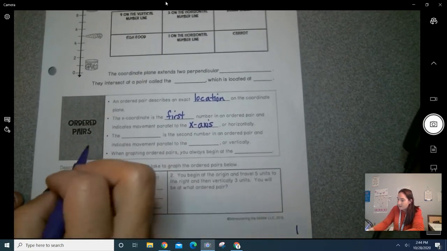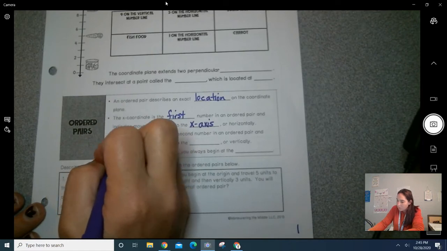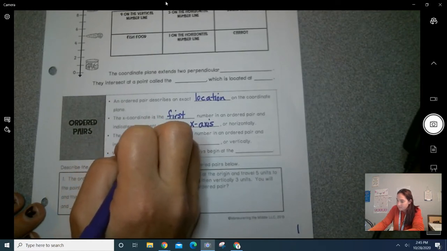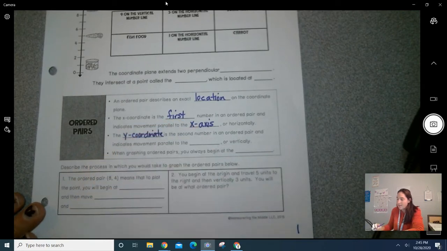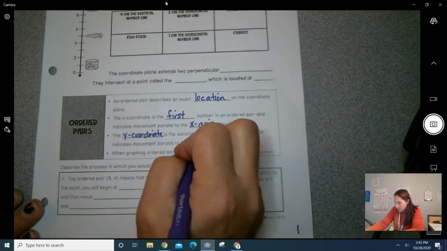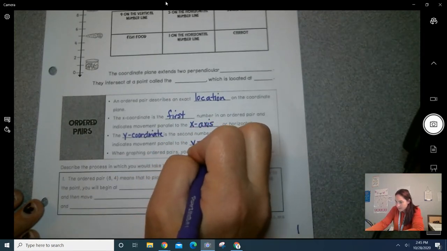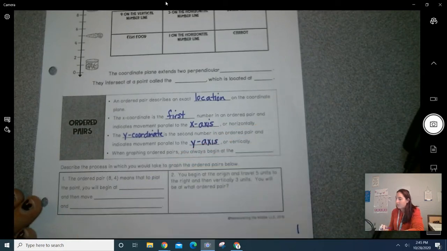The y-coordinate is the second number in an ordered pair and indicates movement parallel to the y-axis, or vertically.